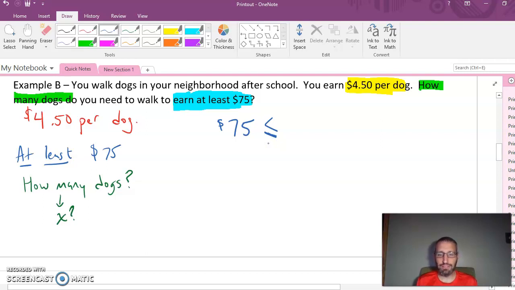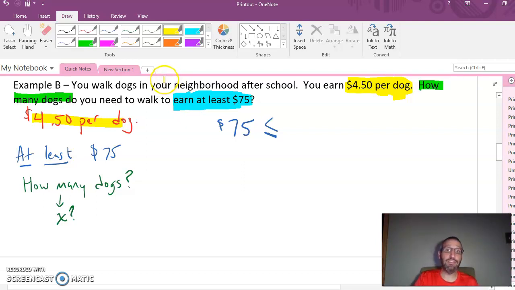All right, so now let's get to how we're actually going to do the earning of that $75, okay? The earning of that $75 comes from that $4.50 per dog. Okay, so I want $4.50 per dog. When I read that "per," that is like a multiplication, right? $4.50 for one dog, $4.50 for two dogs, three dogs, so on and so forth.